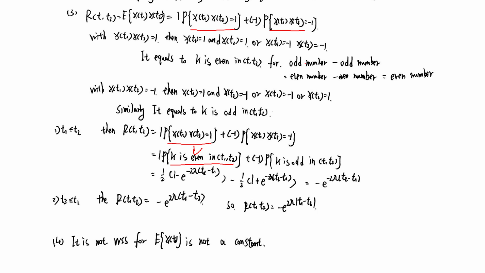First, xt1 equals minus 1 and xt2 equals 1, or xt1 equals 1 and xt2 equals minus 1.